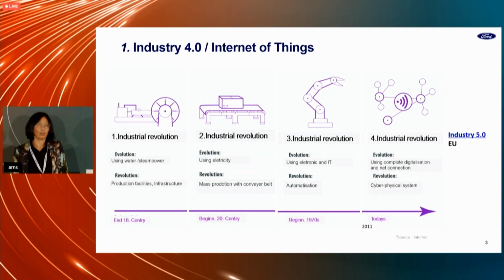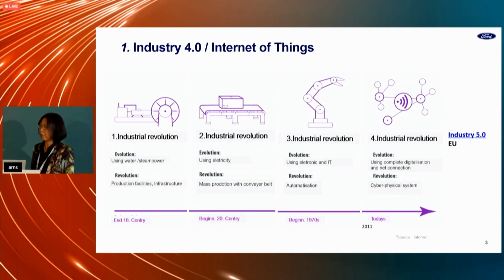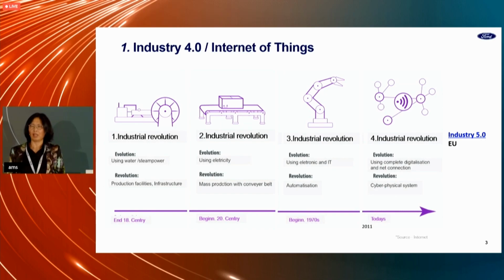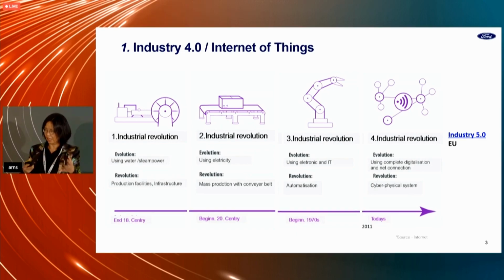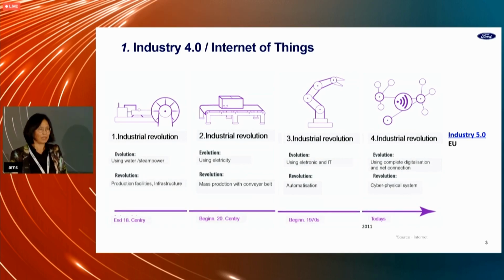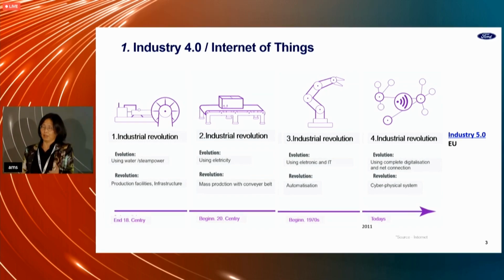Now, the European Union is speaking about Industry 5.0. Until now, industries focused only on shareholder value and productivity efficiency. But with time, we are recognizing there is something missing. Where are humans in there? And we are also recognizing that our planetary resources are limited, and climate change is coming. So what can we do?